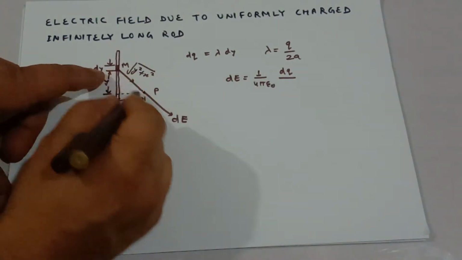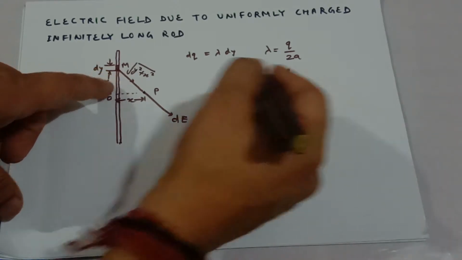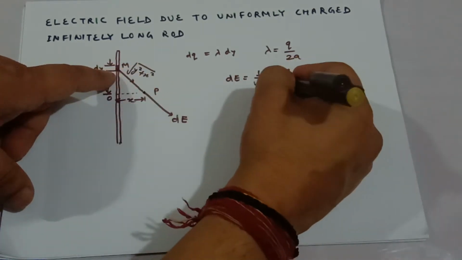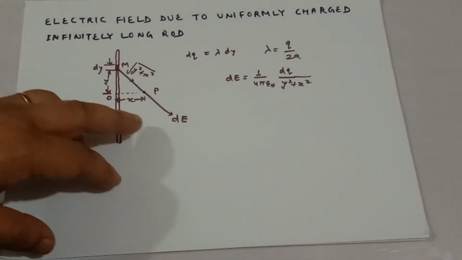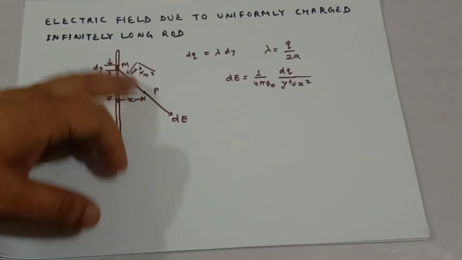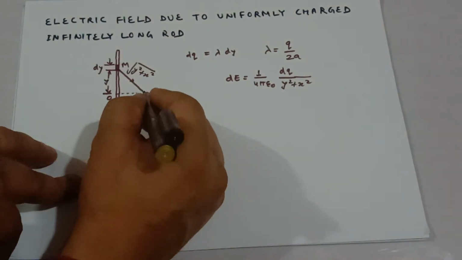So the electric field at point P because of this element would be 1 by 4 pi epsilon naught delta q upon this distance squared, so that would be y square plus x square. And that is the direction of the electric field. Again this can be resolved into two components.